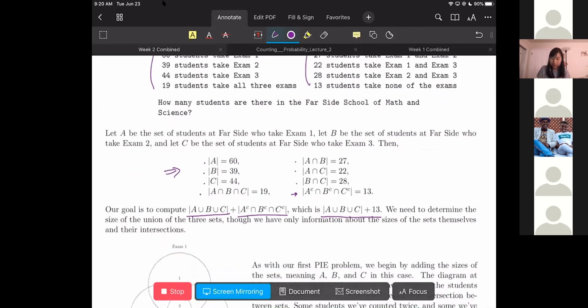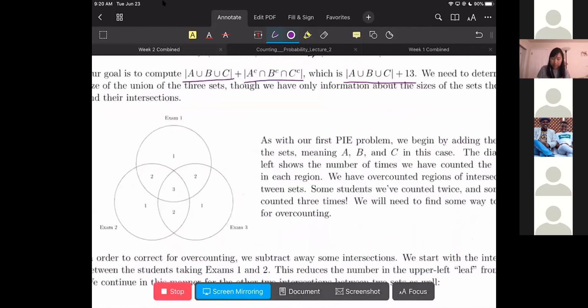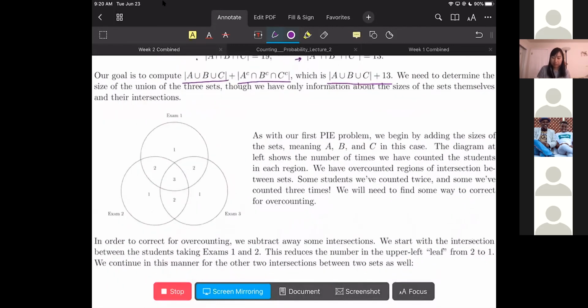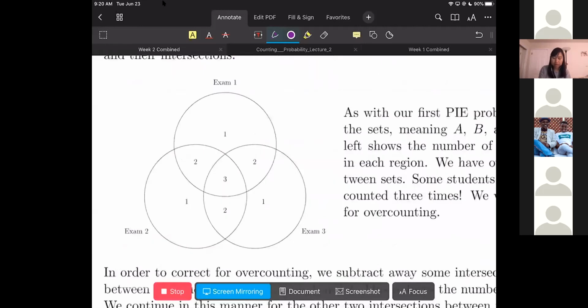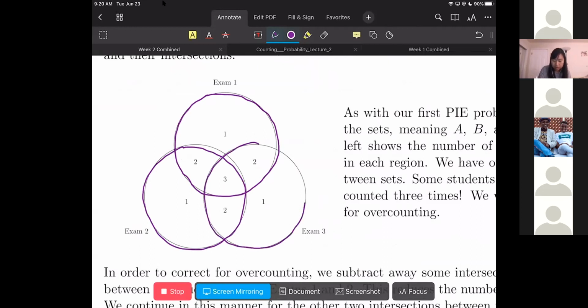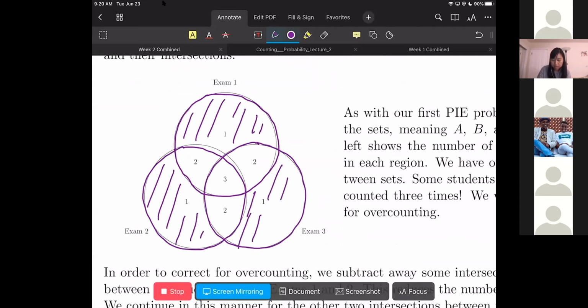So we can draw a Venn diagram again here, in this case with 3 different circles. So we have exam 1, exam 2, exam 3, and we can see that if we sum up directly the number in this circle, plus the number in this circle, plus the number in this circle, we're going to end up counting everything in this section once, this section once, this section once.